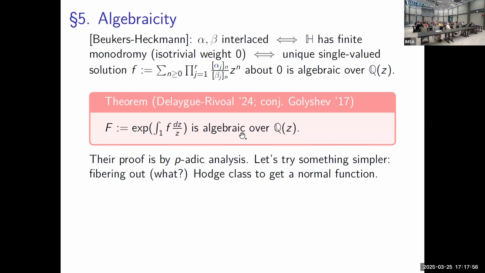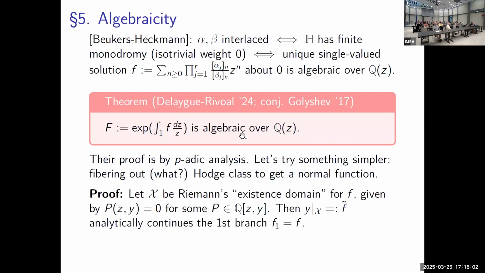The only question is, what Hodge class do we fiber out where to get a normal function? It's kind of the whole thing. So let X be Riemann's existence domain for little f. That's given by some polynomial in 2 variables, Z and Y. So you think of this as an algebraic curve fibered over P1 in Z, with Y as the vertical coordinate.